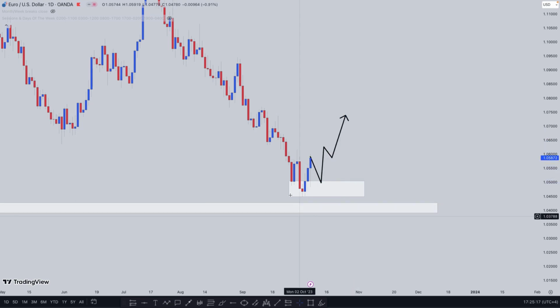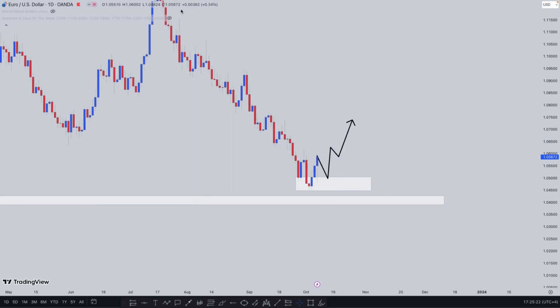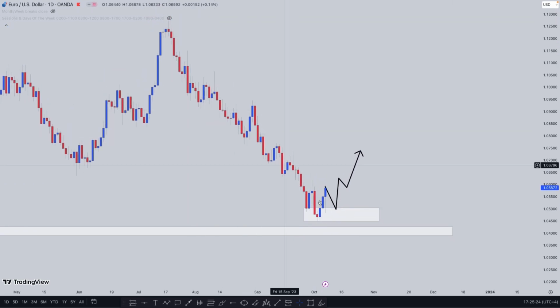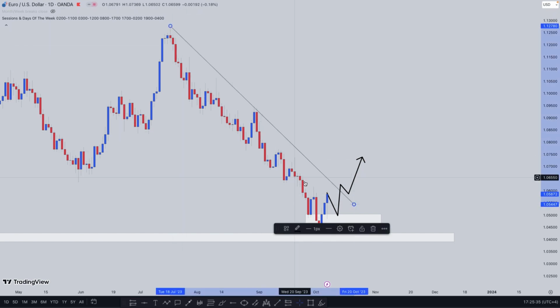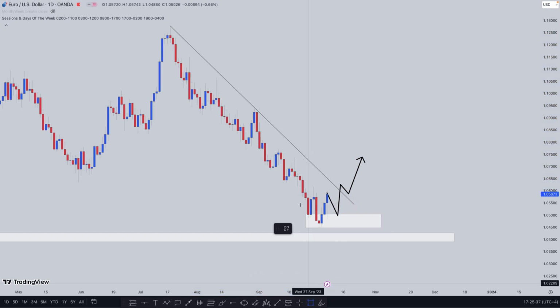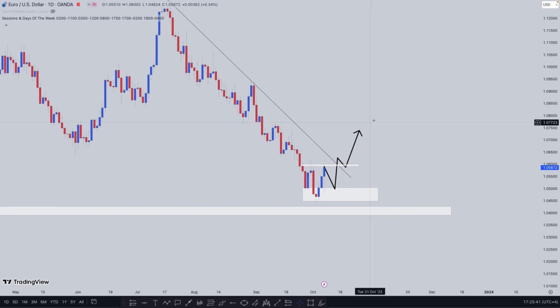And if this happens, this will be a left shoulder, head, right shoulder, and we will see price reversing all the way from here to the upside. So this will be the end of the bearish trend, and we will have the onset of a bullish trend. We will see price breaking these highs, probably retesting, and we will start looking for buying opportunities.